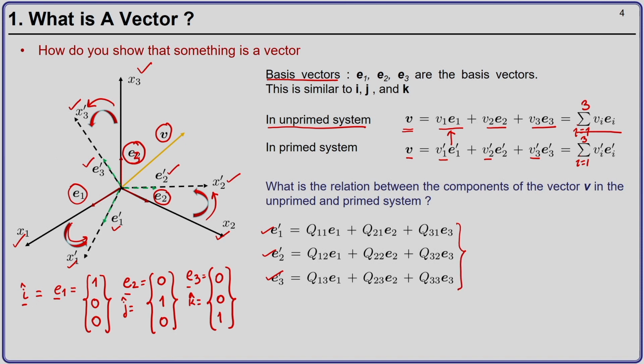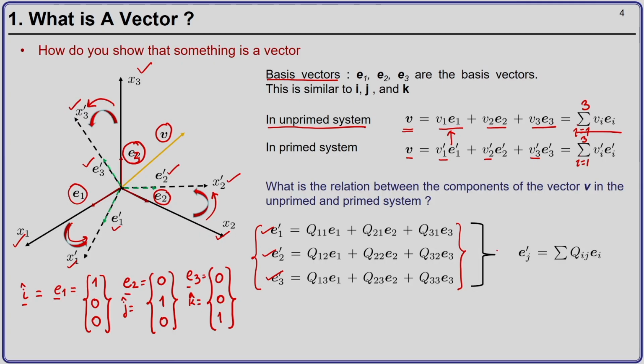Okay. You can see Q11 E1 plus Q21 E2 plus Q31 E3 is E1 dash, E2 dash is Q12 E1 plus Q22 E2 plus Q32 E3. Like this, we can write all the three basis vectors in the primed system in terms of the basis vectors of the unprimed system.